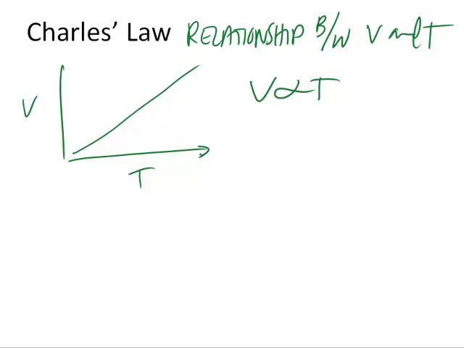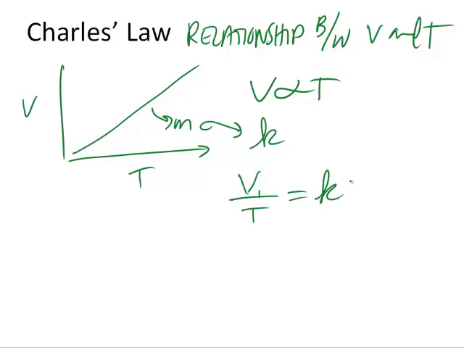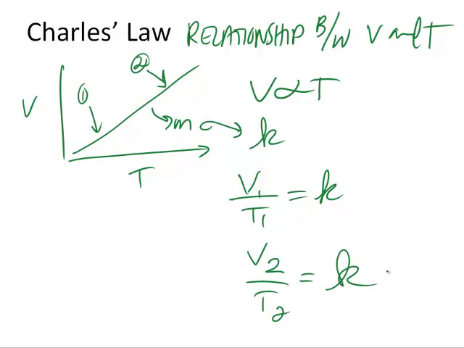Now, just as we did with Boyle's law, we can get a slope of this line and turn that into a proportionality constant. Because they're directly proportional, the division of volume over temperature will give us that constant, V over T. We can do that experiment again in two different settings, V1 over T1 and V2 over T2, and that will give us the same constant.